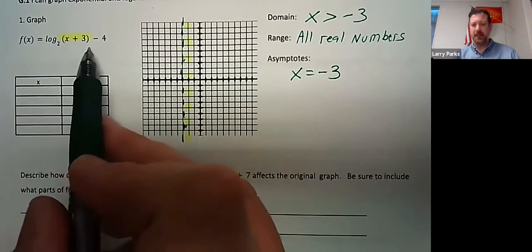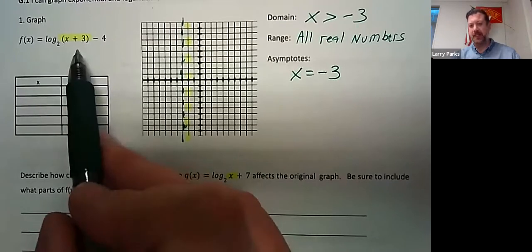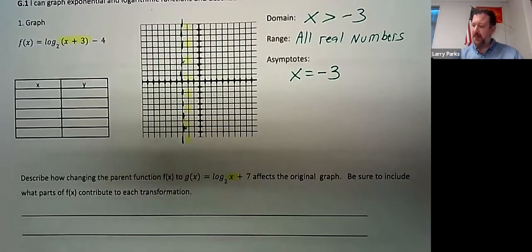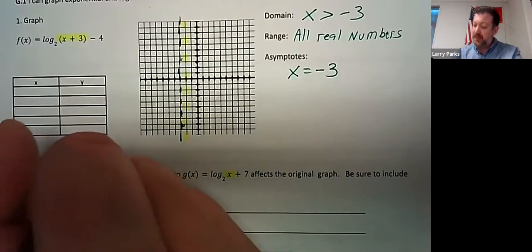So going from +3 to just x shifts it 3 to the right. So I would say it shifts 3 units to the right.